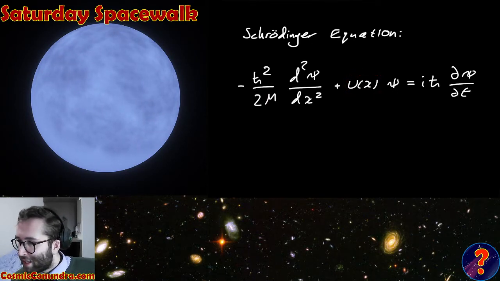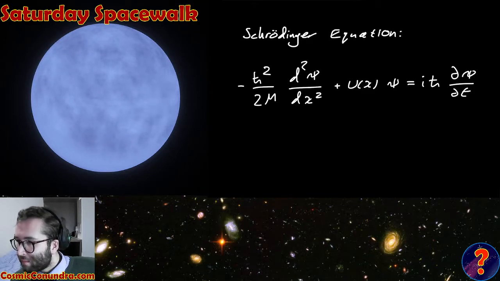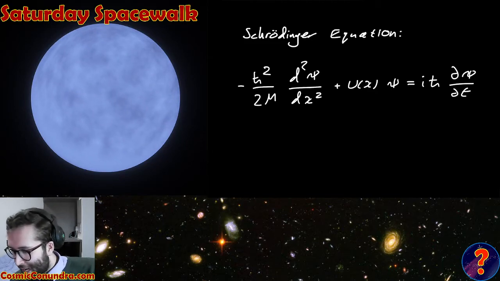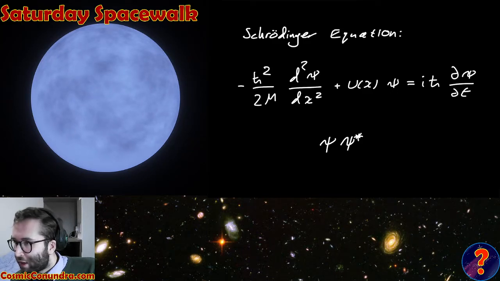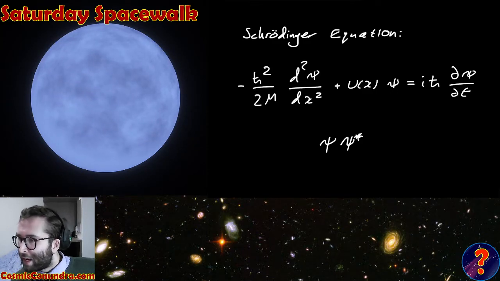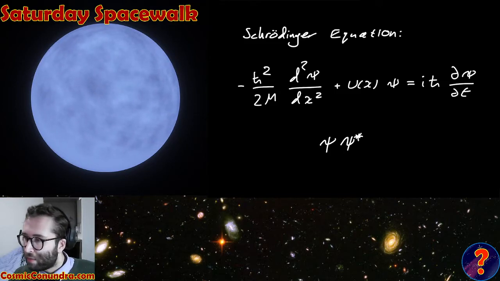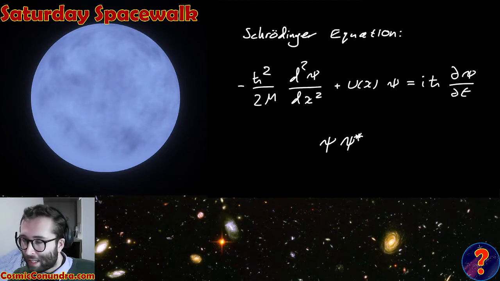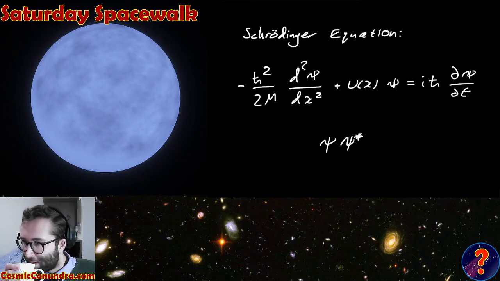Specifically, if you wanted to get the probability from this equation, you would take the wave function and multiply it by its complex conjugate. This is a complex valued function in general, so you have to multiply it by its conjugate to assure that it's real, which a probability density should certainly always be. You shouldn't have an imaginary probability. It's not clear what that would mean.